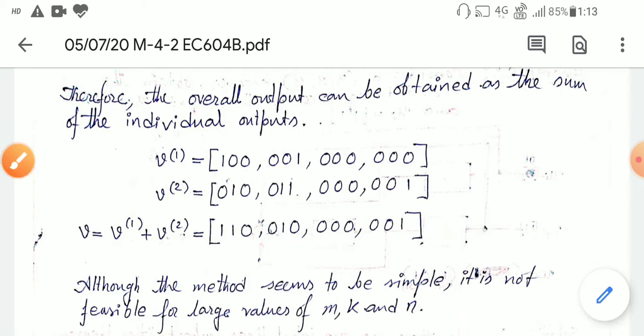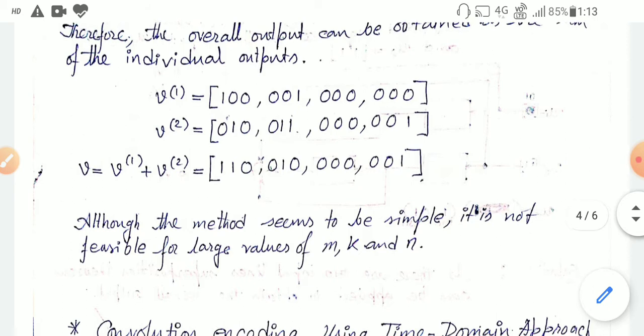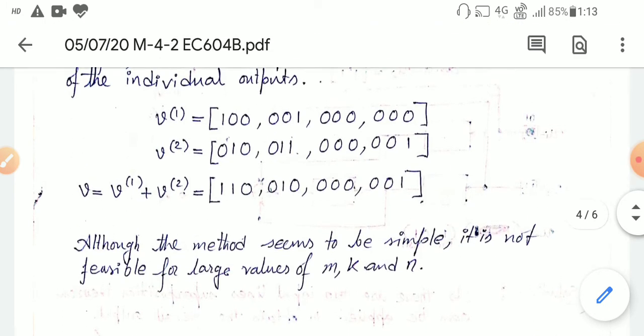Although the method seems simple, it is not feasible for large values of m, k and n. In this case we just considered the 2, 2, 1 or 3, 2, 2 code, which is so simple, with only 2 or 3 message bits or lines.